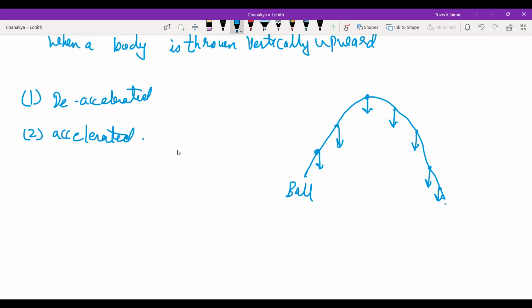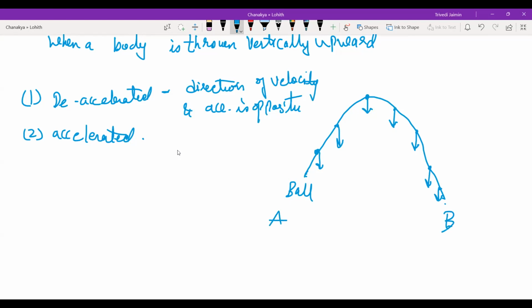Now, when we are talking about decelerated motion, it is because the direction of velocity and acceleration is opposite. So which side will it be? A side or B side? Toward the B. Speed decreases.